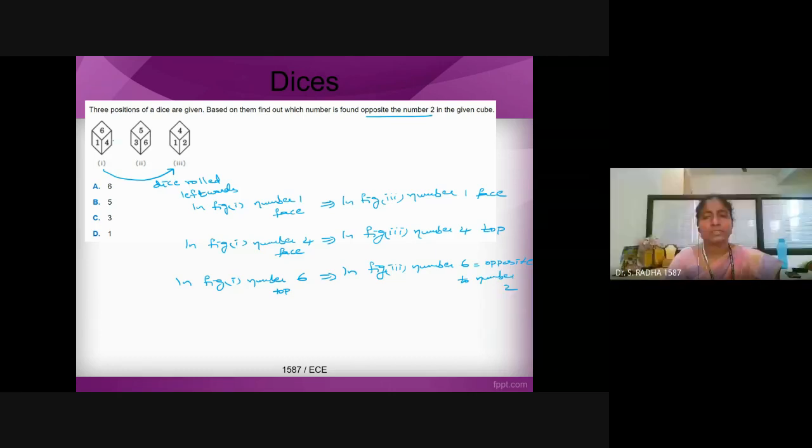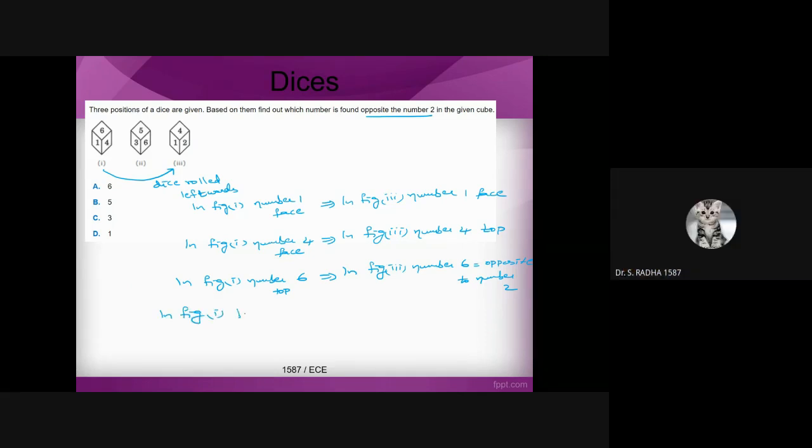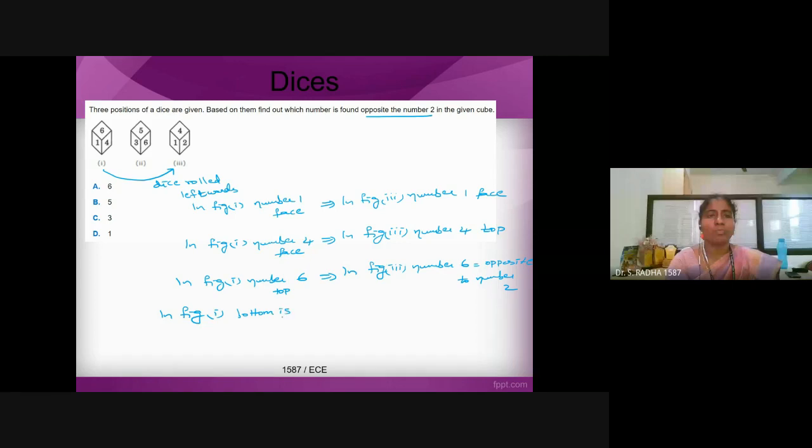When rolling happens leftwards, 4 has gone to the top, 6 has gone to the opposite, and the bottom has come as the face 2. In figure 1, bottom is number 2.